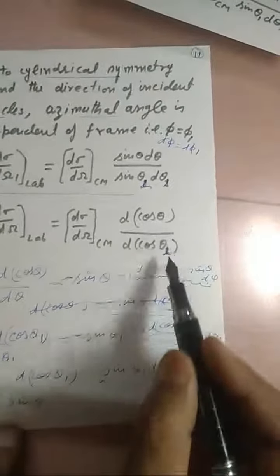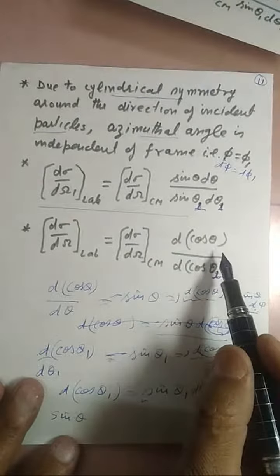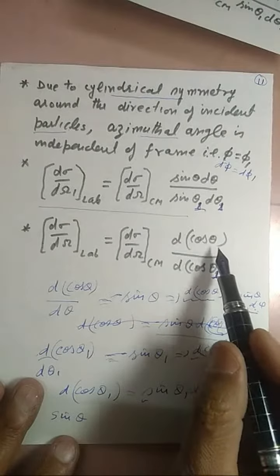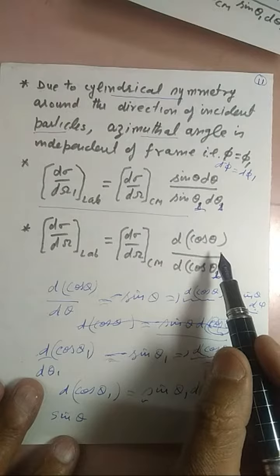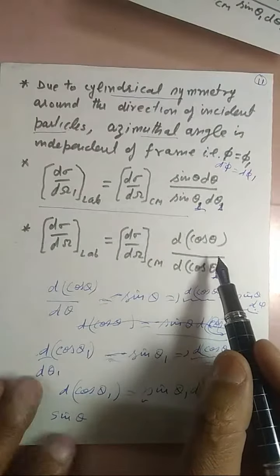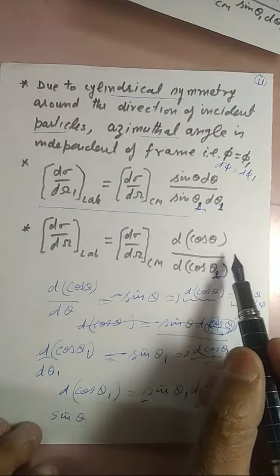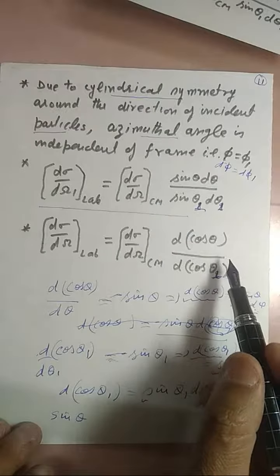Why do we do this? Because in the earlier lecture we derived the connection formula for the scattering of the target particle, how they are connecting with one another in the lab frame, and how the scattering angle is connecting in the lab and center of mass frame.